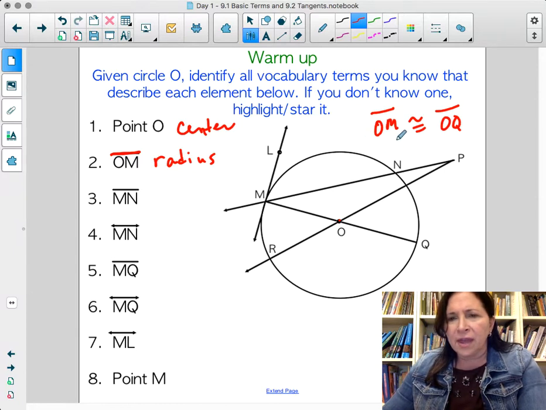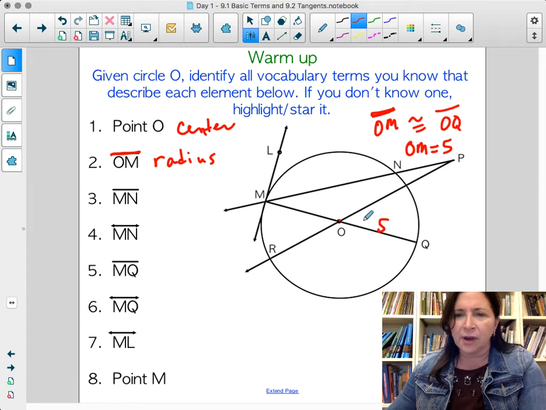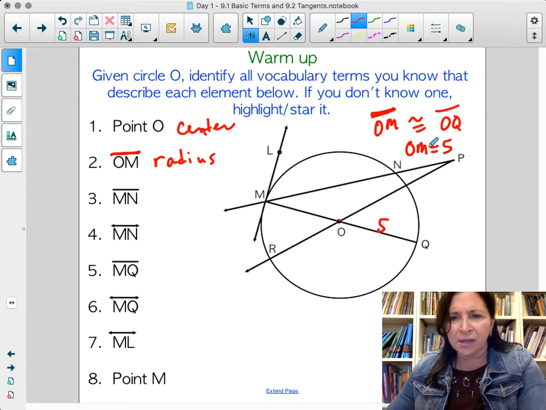Or OM without the line segment over it gives me a value, like, let's say my radius length is 5. So be really careful with this and this. This is saying that this is a segment, and segments are congruent to another segment. This is saying that it's a length, and lengths have a numeric value.